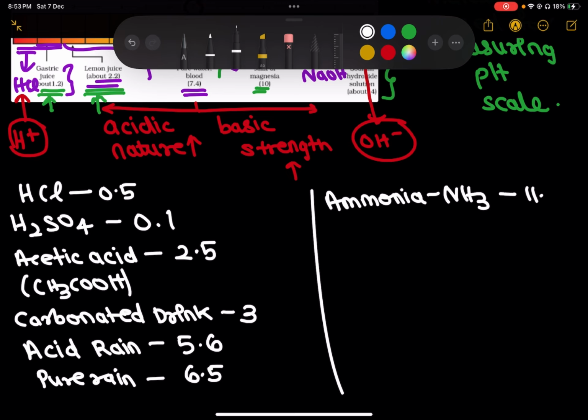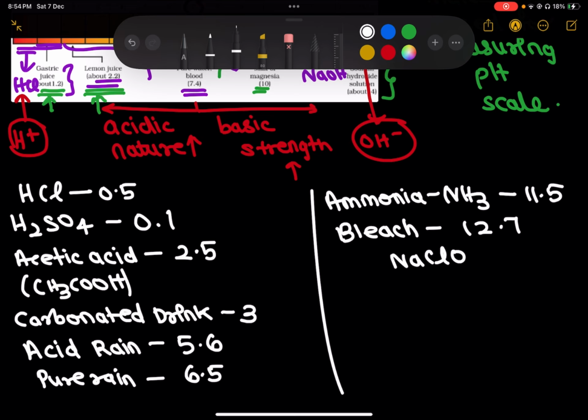It is 11.5 or 11.2 approximately. The household bleach, which is NaClO, not bleaching powder, a bleach. That is also very high. It is 12.7 approximately. Okay, very high.